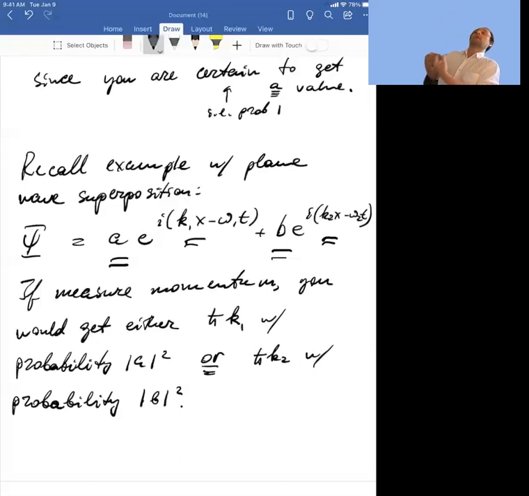If I represent a wave function as a superposition of, let's say, angular momentum value 1 and angular momentum value 2, then when I make the measurement of angular momentum, I'm only going to get value 1 or value 2. And the probability to get one or the other is given respectively by the square of the magnitude of the coefficient that comes along with the respective value of the angular momentum in that superposition.